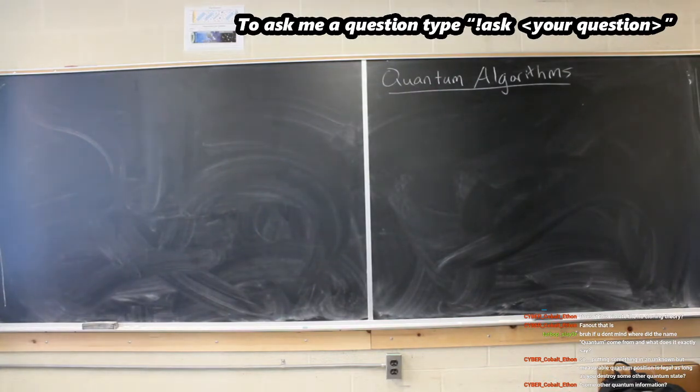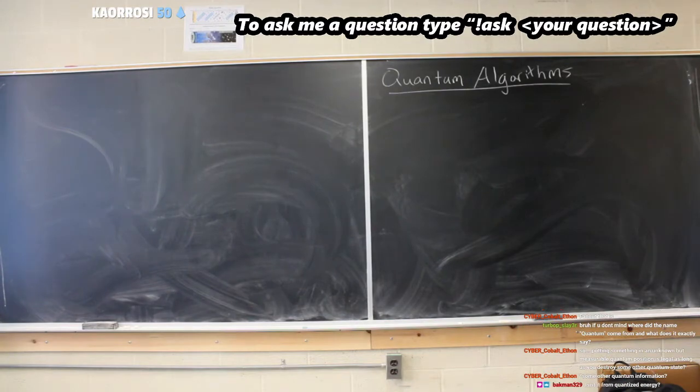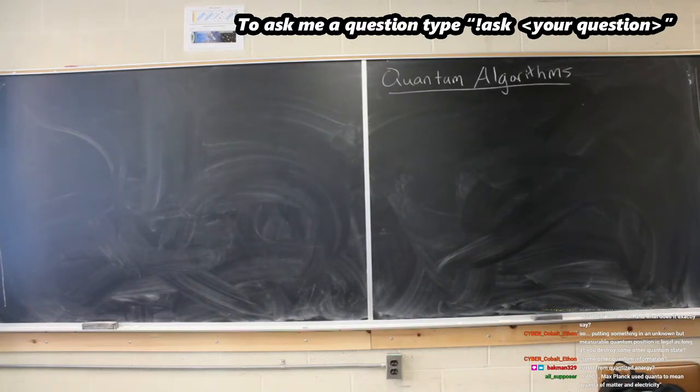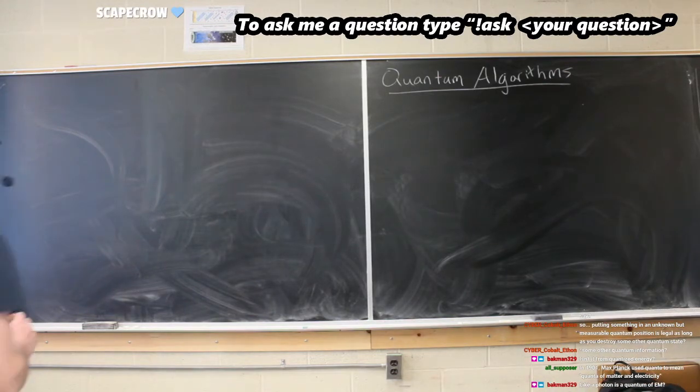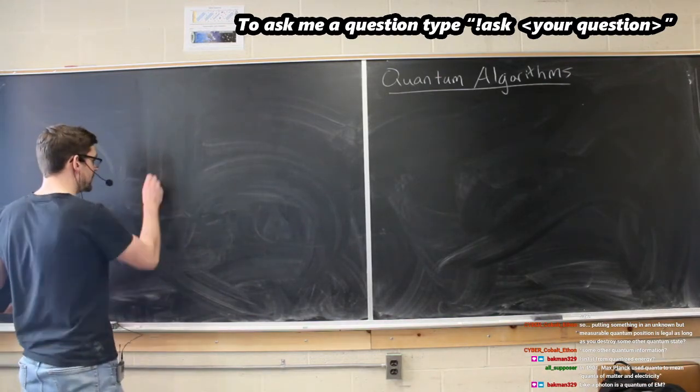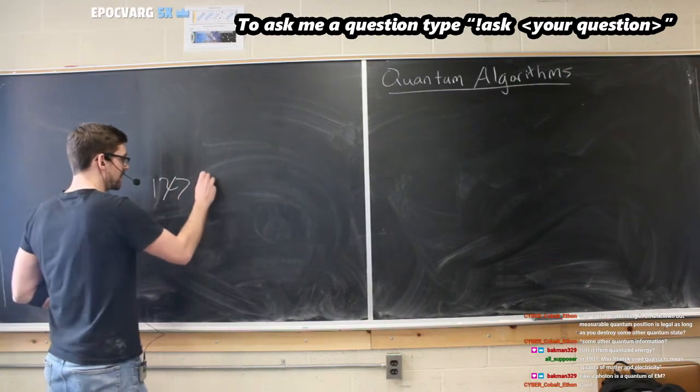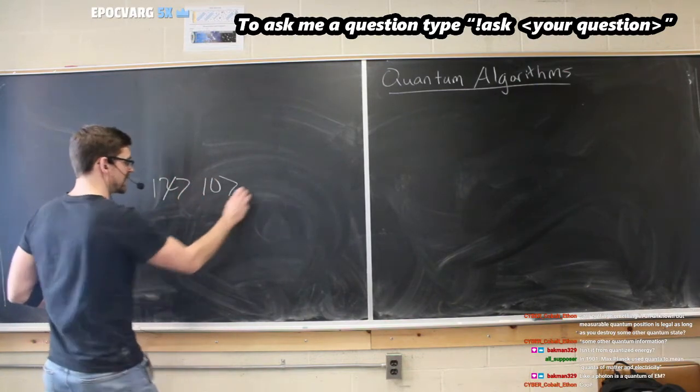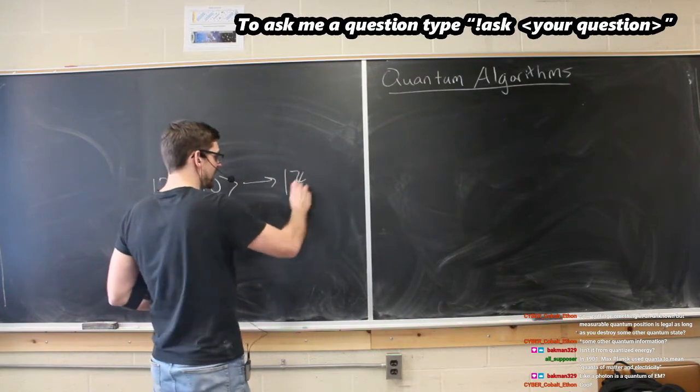So putting something in an unknown but measurable quantum position is legal as long as you destroy some other quantum state. Yes, exactly. You can't just take a psi state. We had a psi and a 0 state, and the question is, can we turn this into psi?